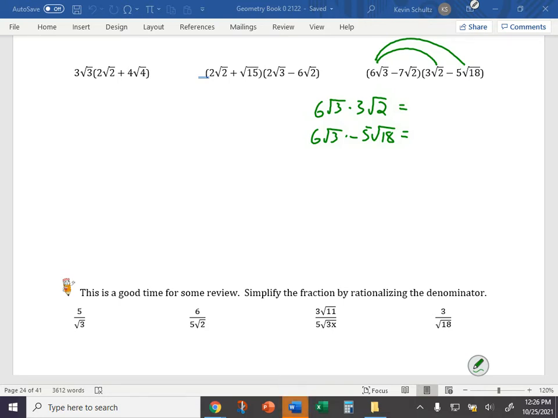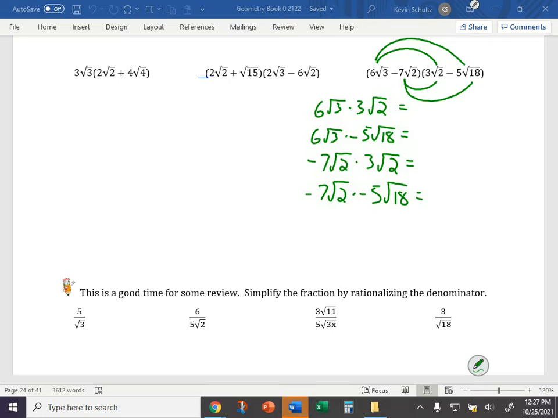Then we go underneath, and we've got a negative 7 root 2 times 3 root 2. And then, again, that negative 7 root 2 times negative 5 root 18. Crab claw! And there we have it.